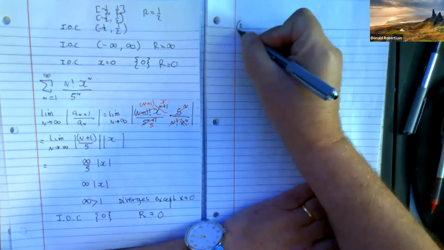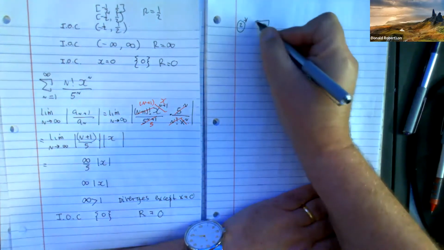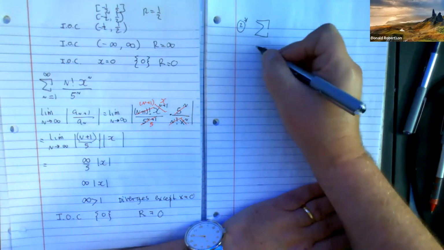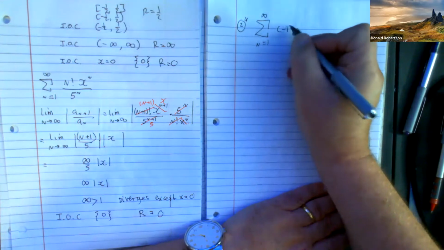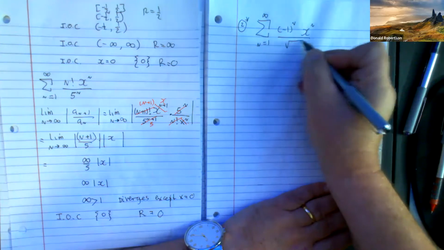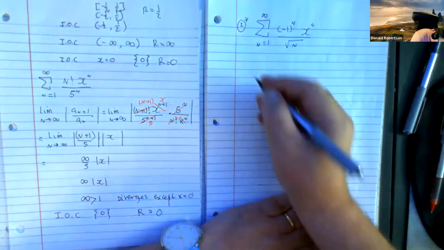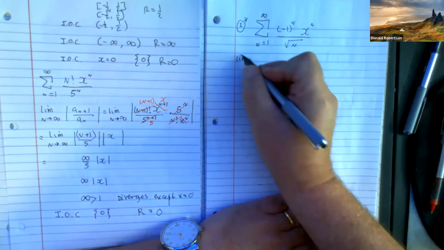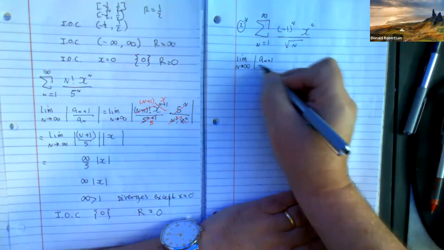So let's pick one. This is question 2. And we're being asked to find the interval and radius of convergence of negative 1 to the n, x to the n over the square root of n. So start off, as we do with every question, by using the ratio test.